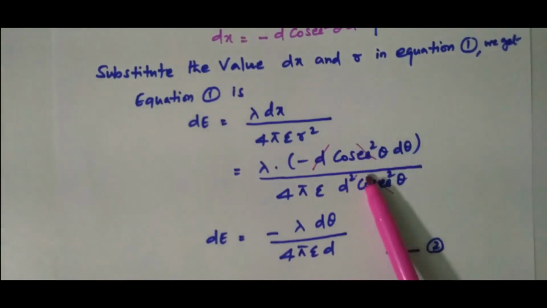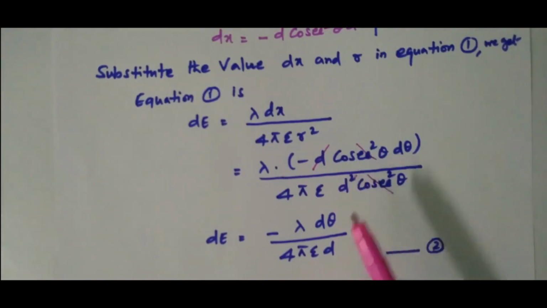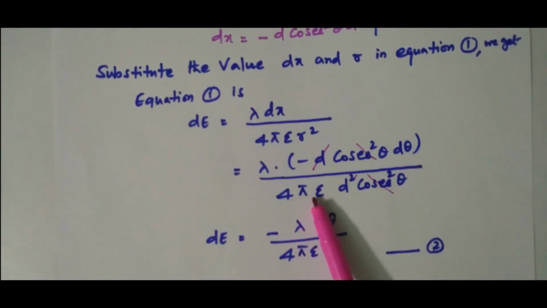So this cosecant square theta got cancelled, one d got cancelled, right? So the negative symbol is available. So minus lambda d theta divided by 4 pi epsilon d. Right, now we got the expression for the small electric field intensity, minus lambda d theta divided by 4 pi epsilon d. We will take this as equation number 2.